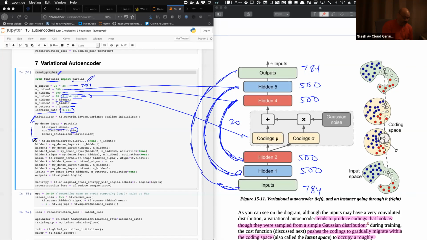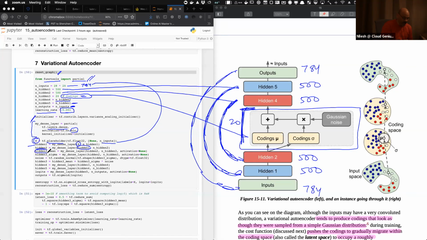We have X as an input placeholder with the number of inputs from here. Hidden 1 is defined using X right here. Hidden 2 is defined using hidden 1. Hidden 3 is defined. Now hidden 3 is this guy. And so here the definition is slightly different.